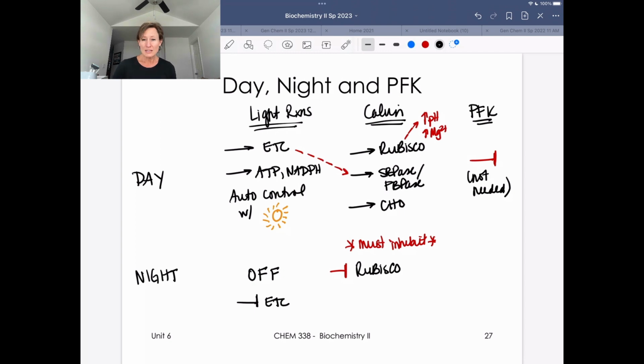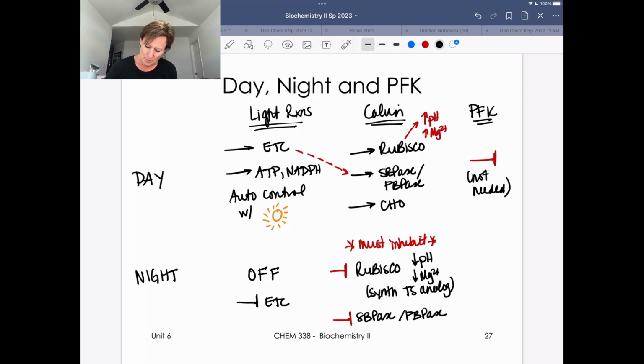When electron transport is automatically inhibited, that means we are going to have a low pH, we are going to have a low magnesium concentration, and we're also going to synthesize that transition state analog. All ways that we ensure that Rubisco is inhibited. We also need to make sure that we are inhibiting SBPase and FBPase.